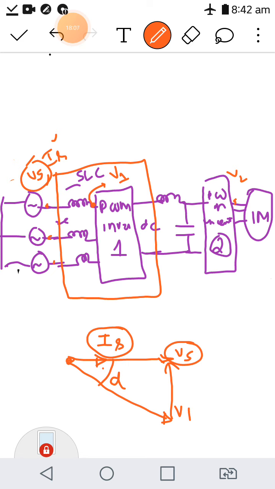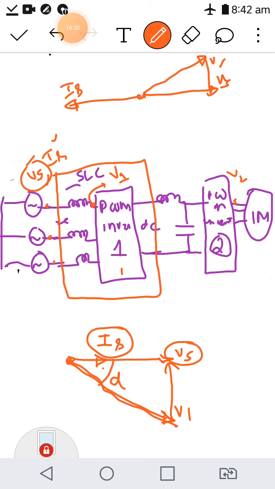For that, PWM inverter 1 is controlled in such a way that it generates a voltage to make Is in phase with Vs during motoring operation. Similarly, during regenerative braking operation, V1 is adjusted in such a way to get this braking operation angle delta. So this is controlled by the PWM inverter 1.